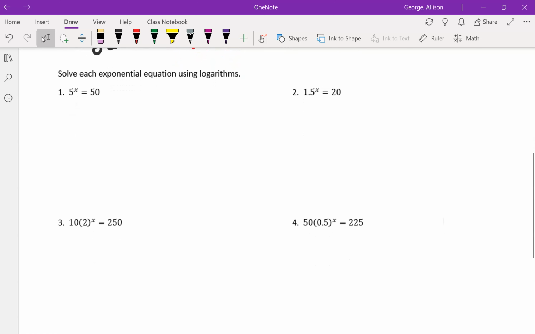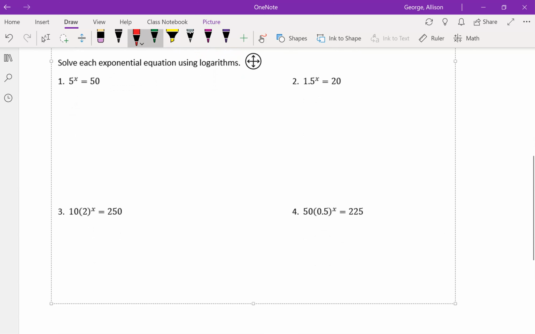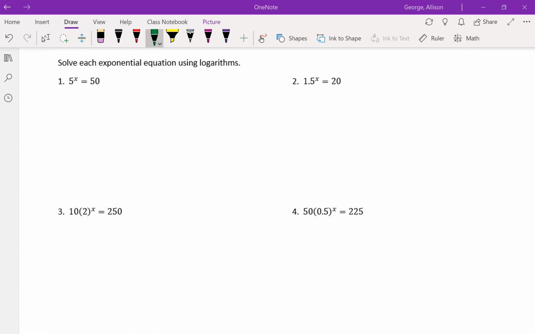For number 1, we first need to write it in log form. So it'll be log base 5 of 50 equals x. And then we need to use our change of base formula: log of 50 over log of 5, because the base needs to go on the bottom of the fraction. And then just punch the buttons.